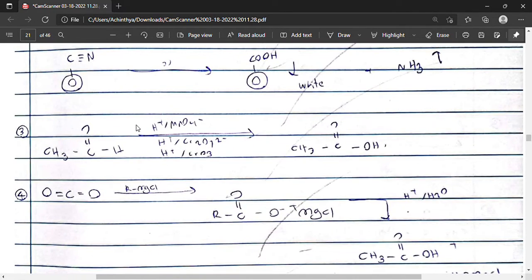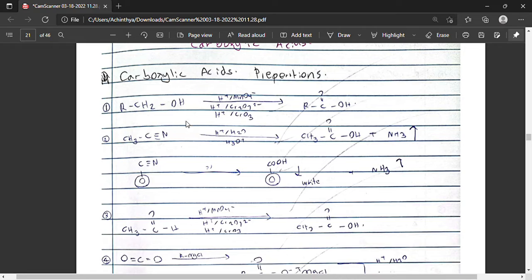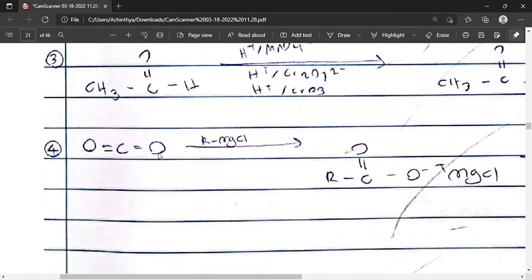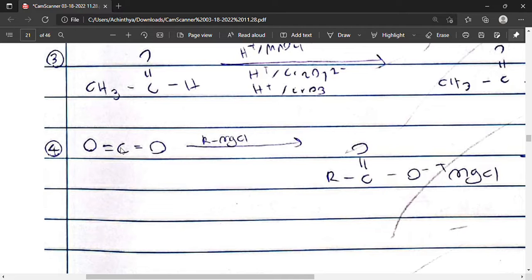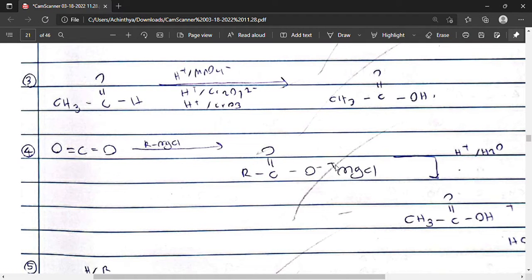Another way of doing it is by oxidizing aldehydes with strong oxidizing agents, and it will have the same effect as oxidizing primary alcohols. We can also add Grignard reagents into carbon dioxide, and we will get this compound.